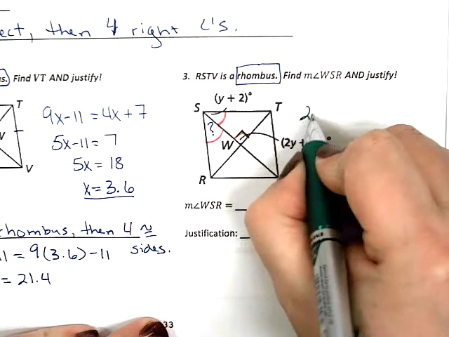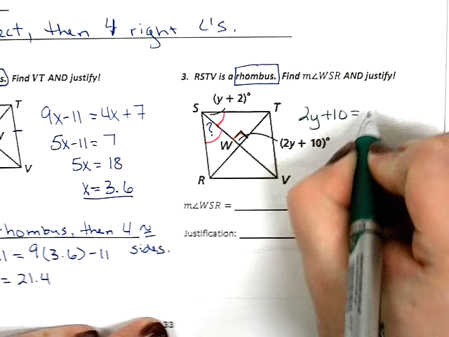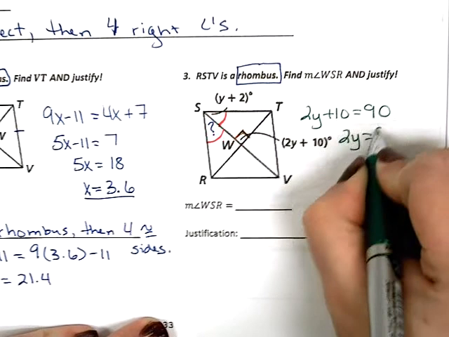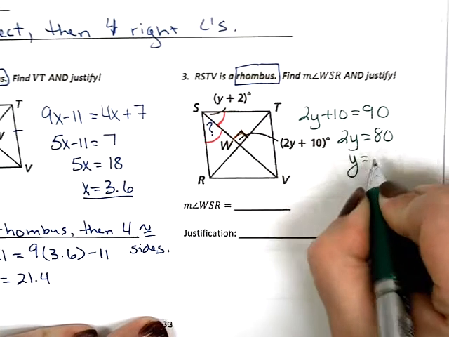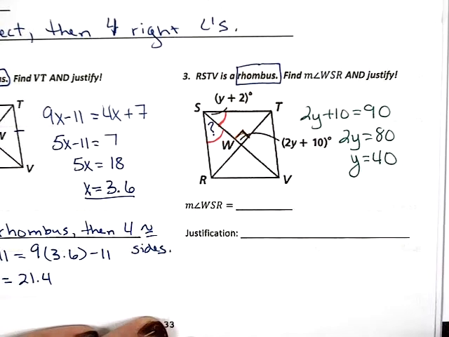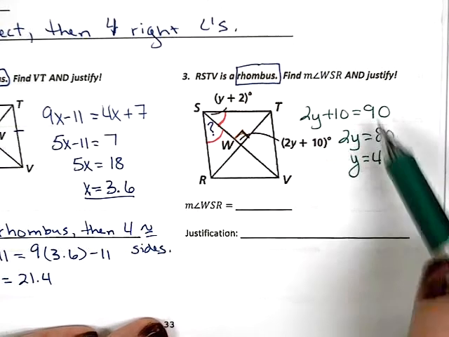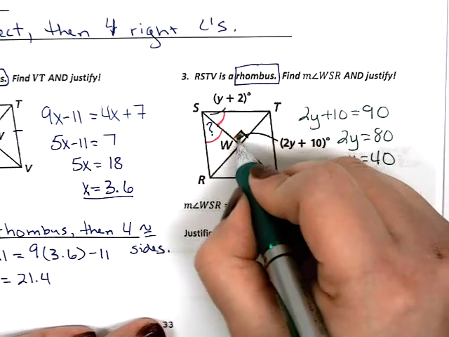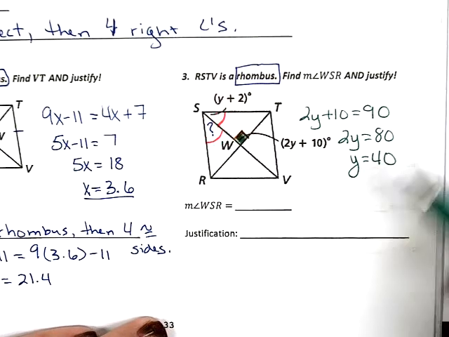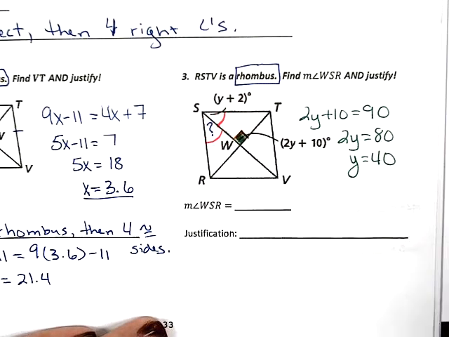So 2y plus 10 is equal to 90 degrees. 2y gives me 80, and then I get y equals 40. The reason I was able to set that up is because when I have diagonals in a rhombus, they are perpendicular to each other, so those angles are 90 degrees.